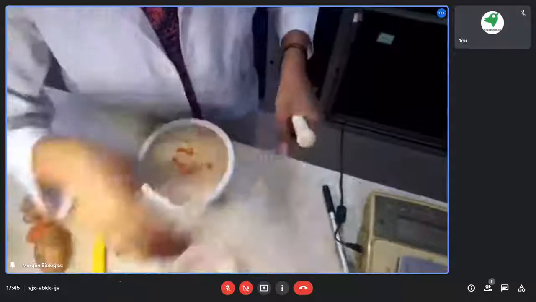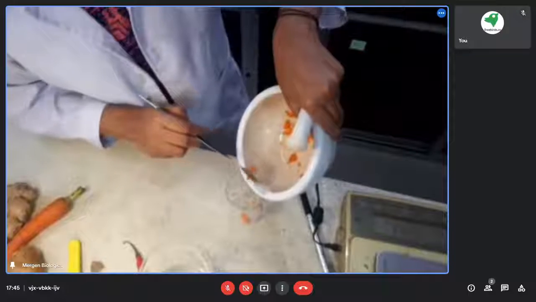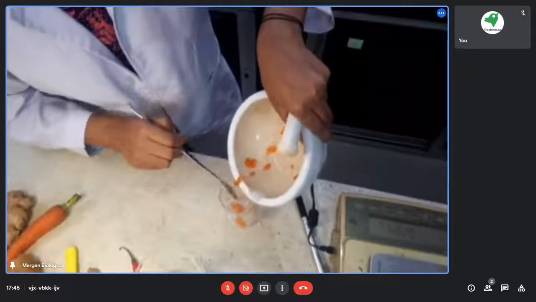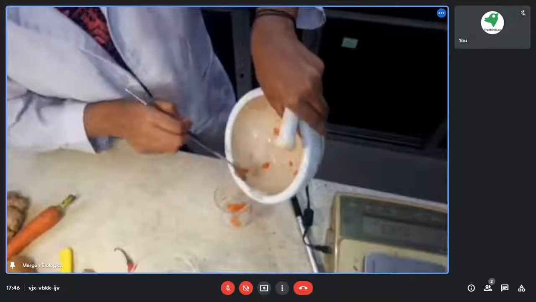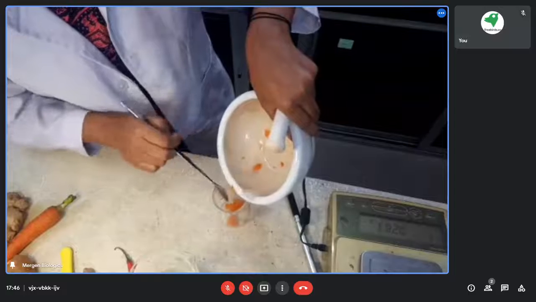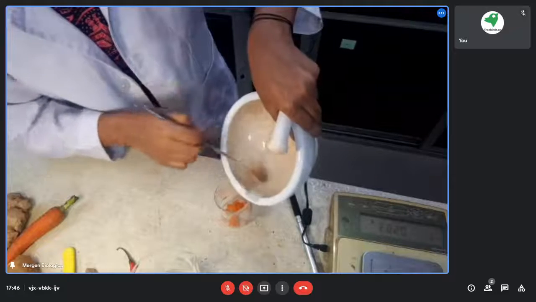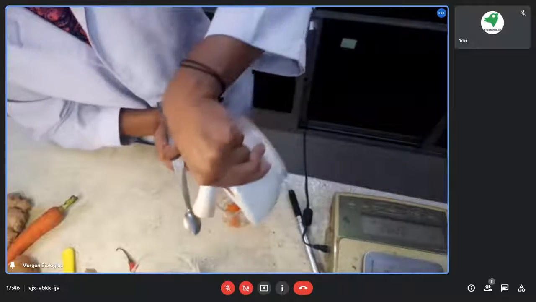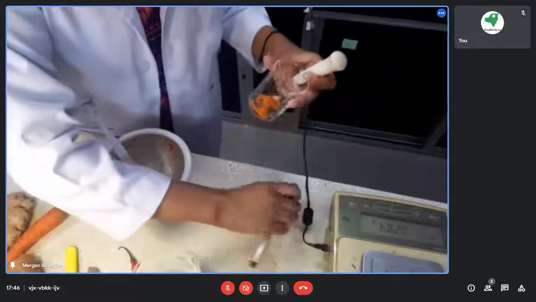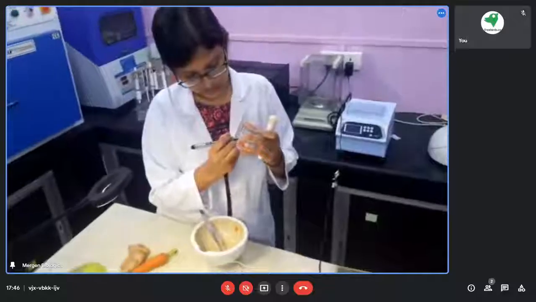I'm done with my third sample, it is crushed. I'm transferring it to a new beaker as sample number 3, or beaker number 3.